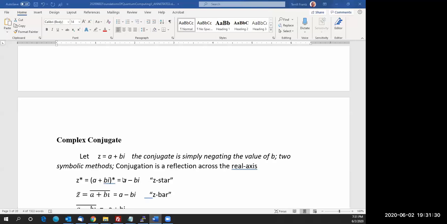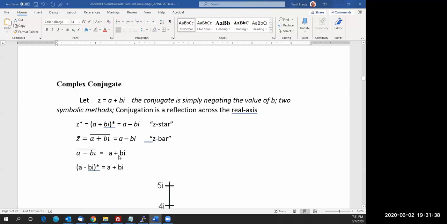Oh, and by the way, the answer for the conjugate is you just reverse the sign of the imaginary part, which in this case is -2. So it's 3 plus 2i.